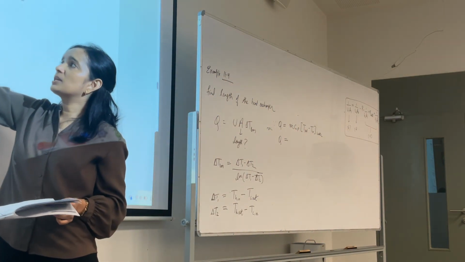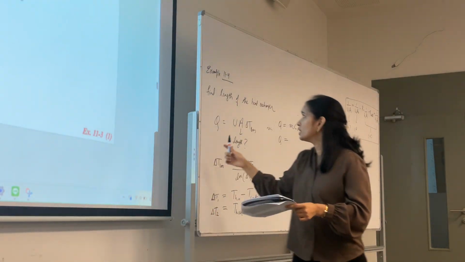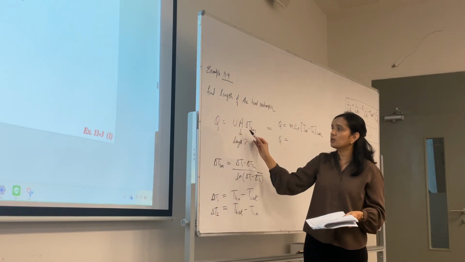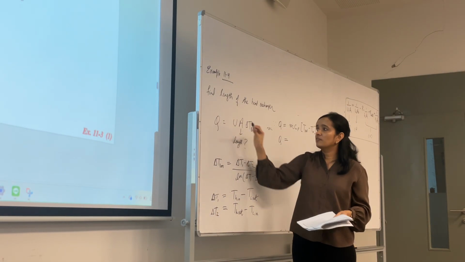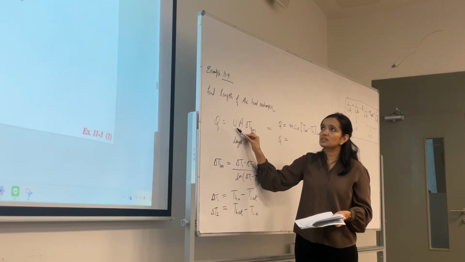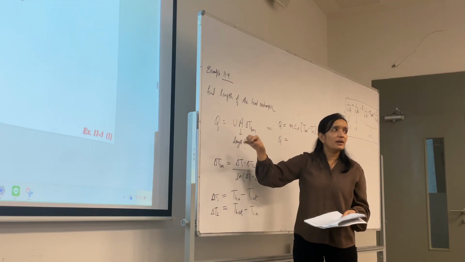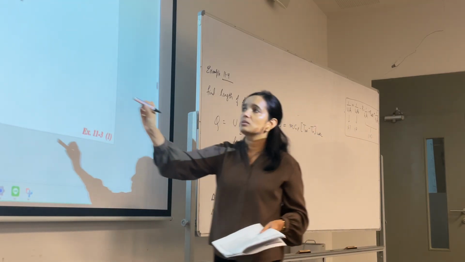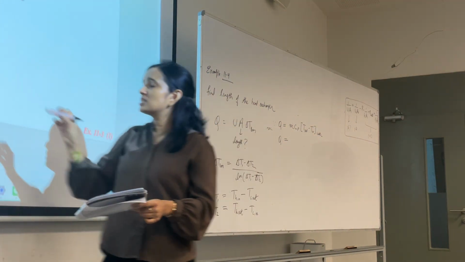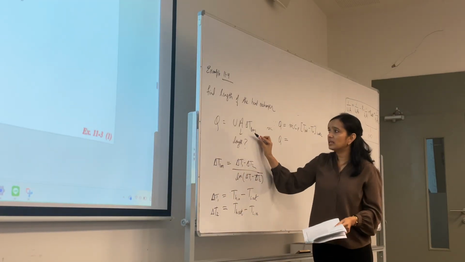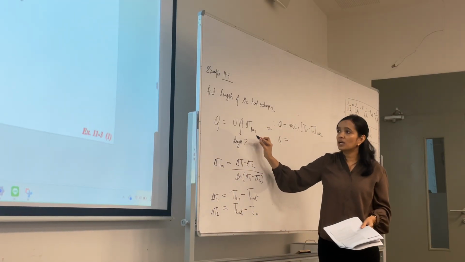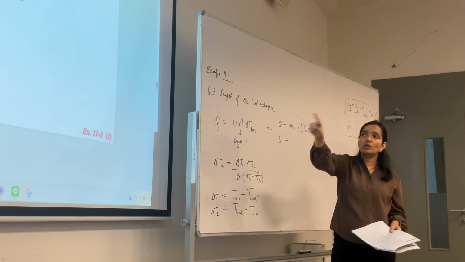We don't have Q either, so we cannot calculate A. We have this one, which is given in the question, 640. So first we have to find out this temperature. If we have this temperature, we can calculate ΔT_LM. We don't have the outlet temperature for the hot water.